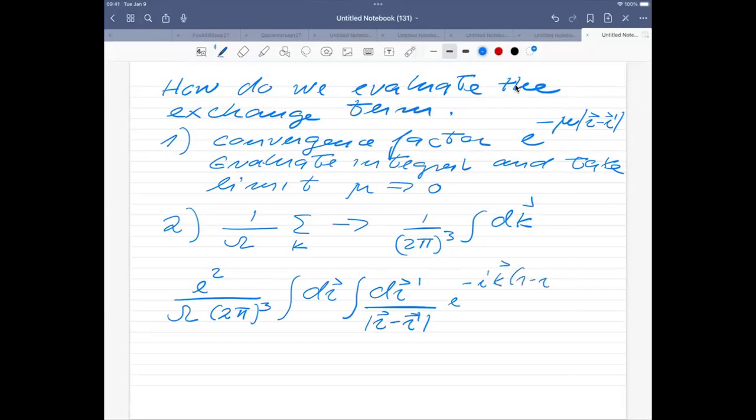There's one thing which I also need to mention now, which actually is important. In this particular case, what we end up with is a term which includes e to the i k prime times r minus r prime.